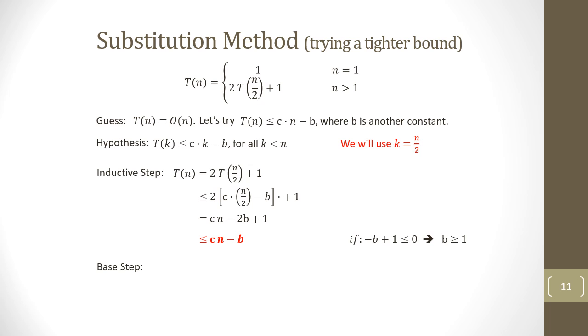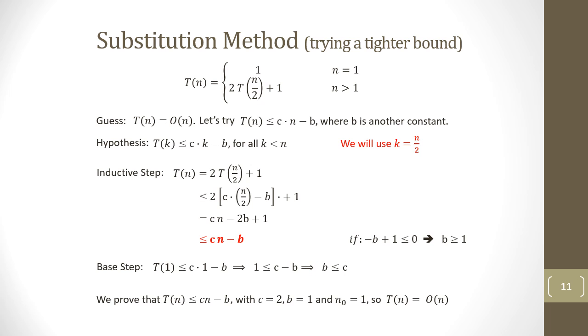Let's move on to the base step and plug in n equal to 1 in the hypothesis, and we will get b is less than or equal to c. So we prove that T of n is less than or equal to Cn minus b with c equal to 2, b equal to 1 and n not equal to 1. So for this problem, n is the tighter bound solution.